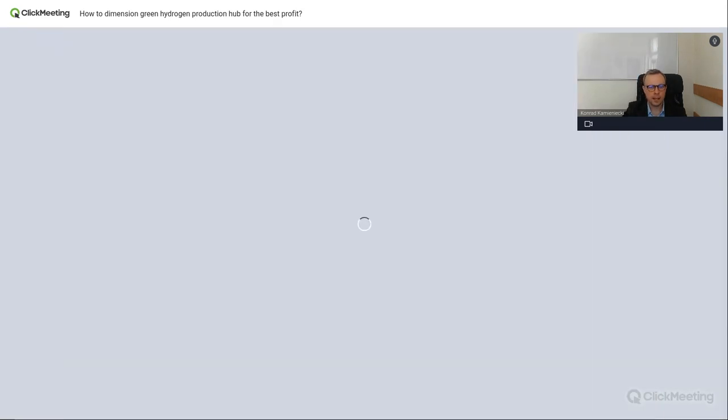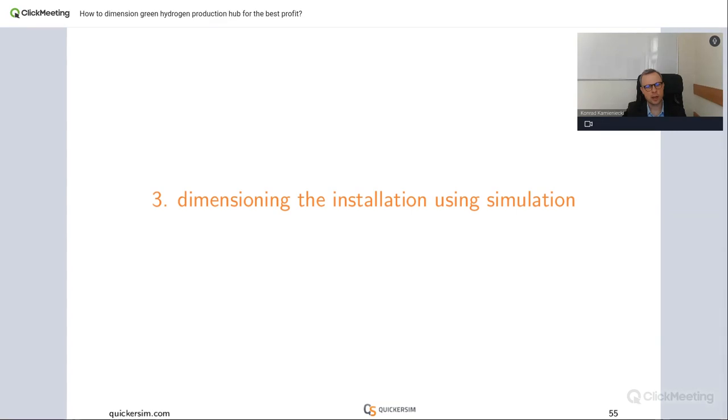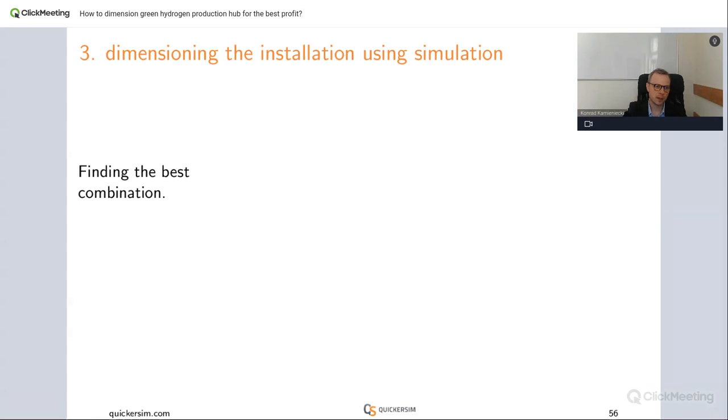Okay, let's move on. And now the question is if we can find a better configuration for that. So let's try to use our simulation tool to find a better configuration. Now what we are going to do, I will take, for example, wind turbine size as an array of different sizes.